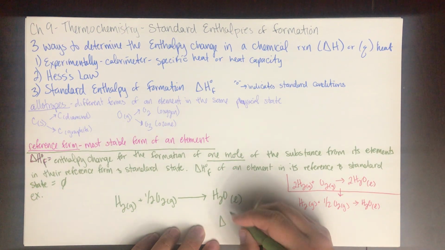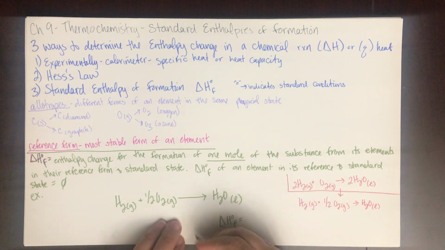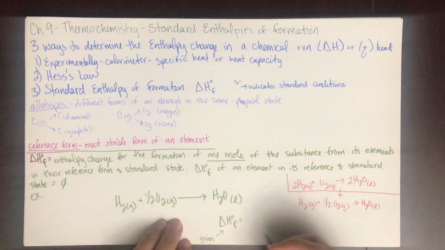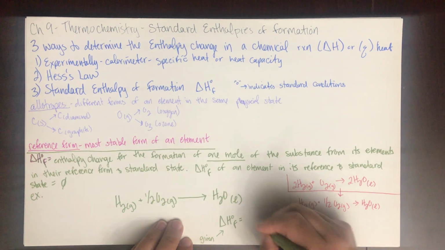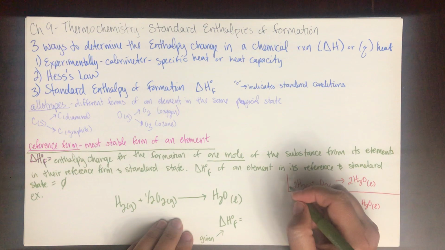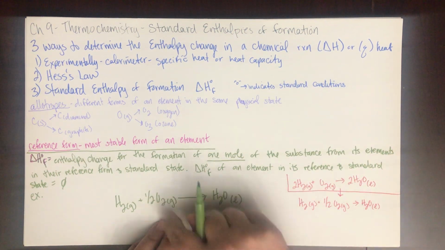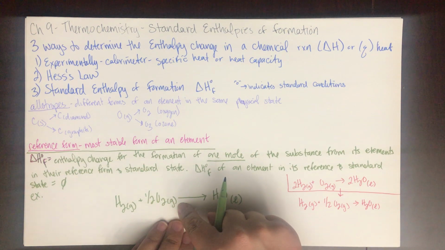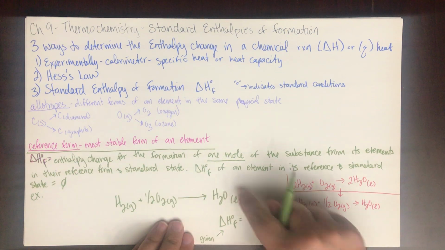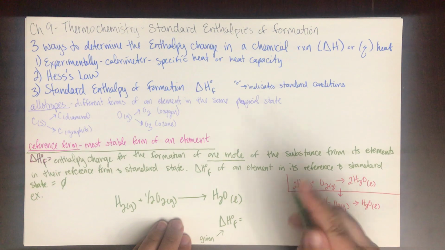So these standard enthalpies of formation are given. You could look these up in a textbook. And the standard enthalpy of formation of liquid water, so this is standard temperature, standard pressure, reference states. Gases are the reference states for hydrogen and oxygen. Liquid is the reference state for water.